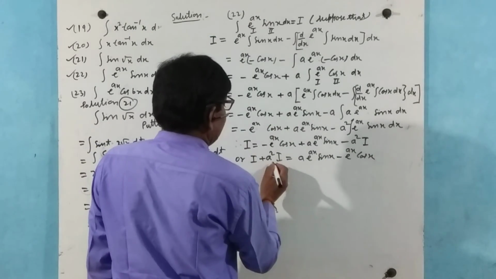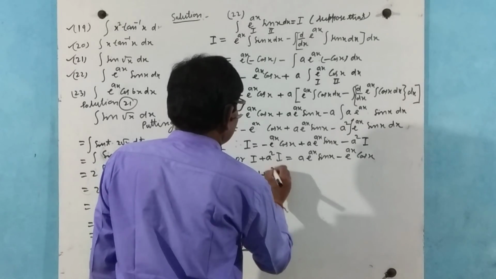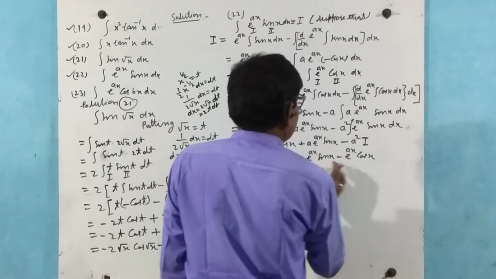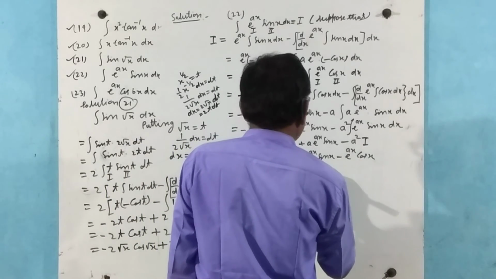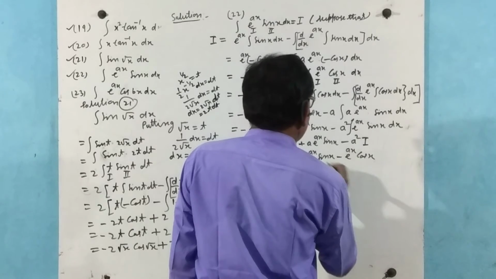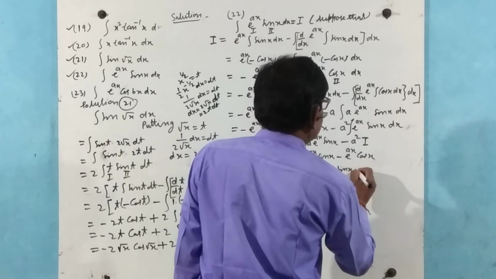Now here we take the common I: 1 plus a square times I equals, in this case we take e to the power ax common, so that here a sin x minus cos x.